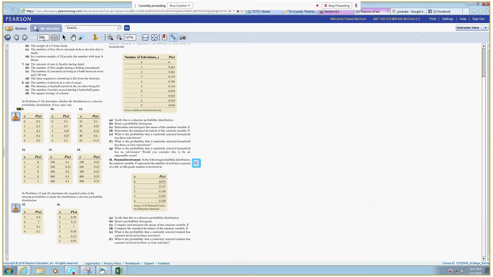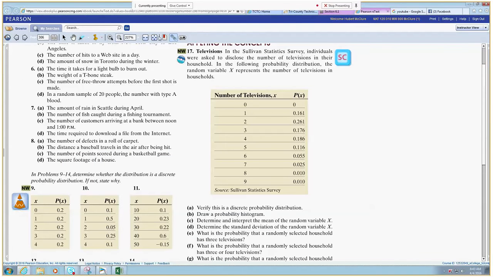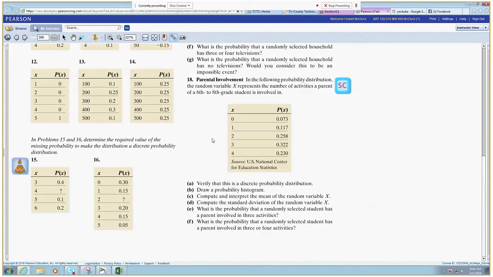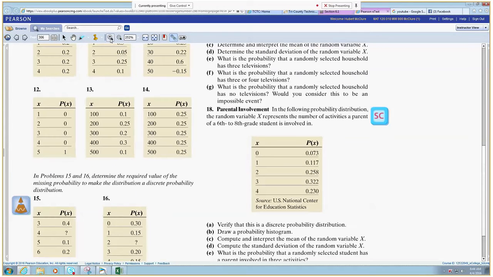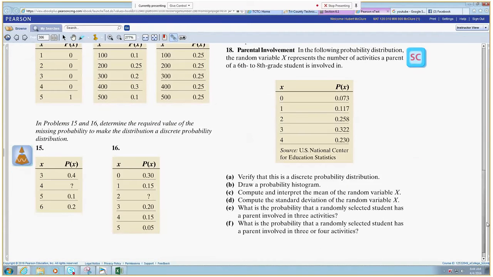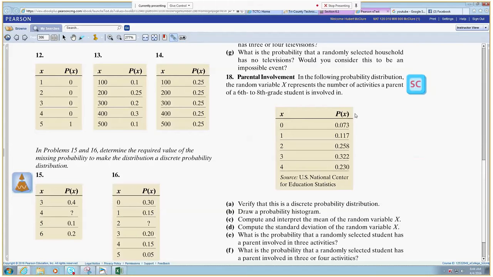Let me just blow it up so y'all can see. This one right here. Find the mean and the standard deviation of this guy. Right here.